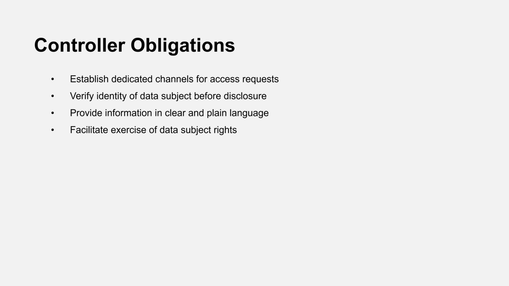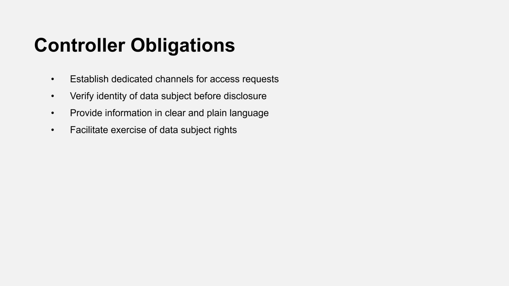Controller obligations. Organizations must be prepared to handle these requests properly. For example, they should have a clear process or email ID where users can request their data. They must verify your identity before sharing data, so your information doesn't go to the wrong person. And everything should be explained in simple language, not legal jargon, so anyone can understand it.